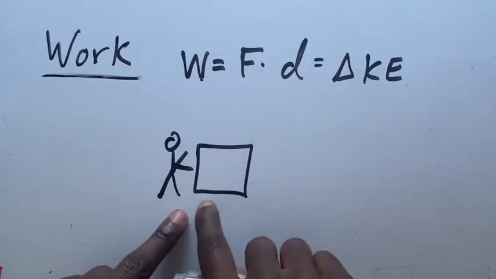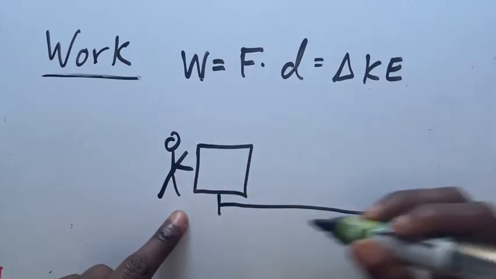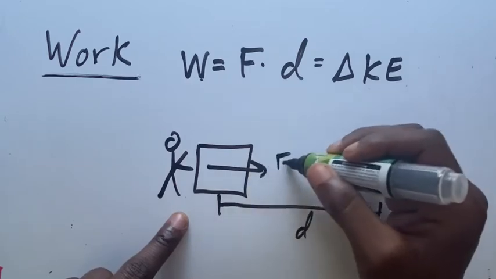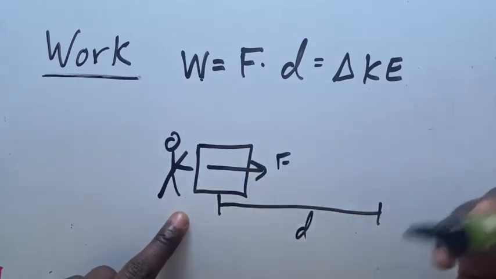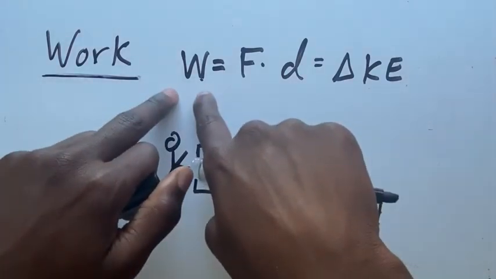You apply some force onto this box, right? And the box moves this distance here after you apply that force. So we know multiplying that force with that distance will give you the work.